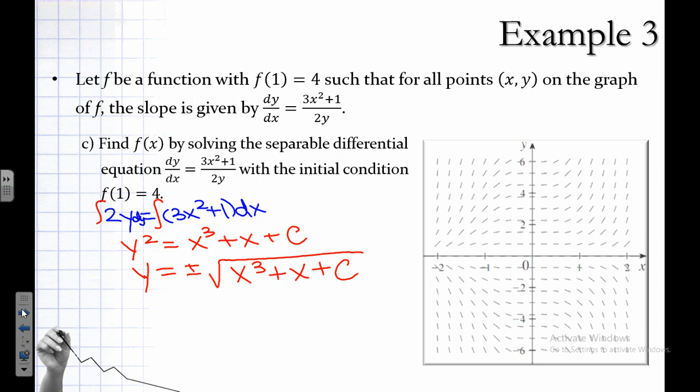Now, if our initial condition is (1, 4), which one do we choose? Positive, because our y value is positive, which means we have a positive square root. What's our c value?